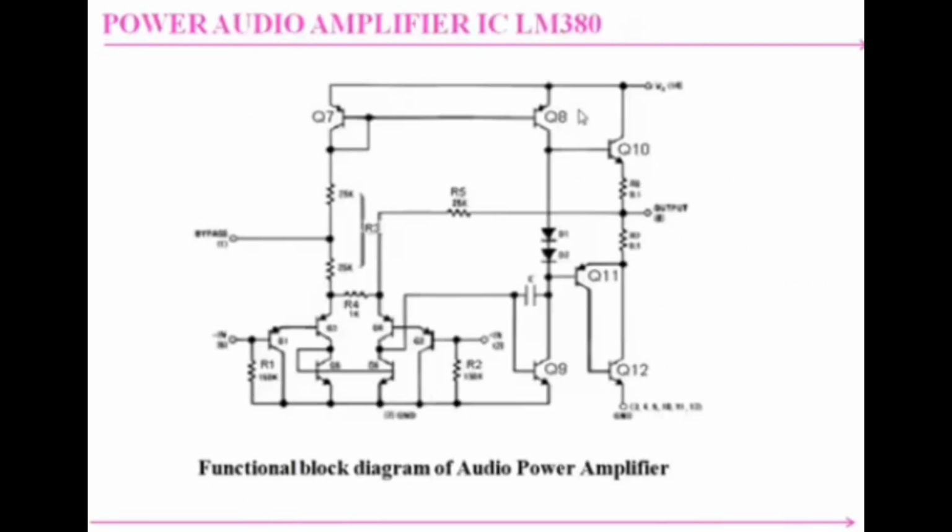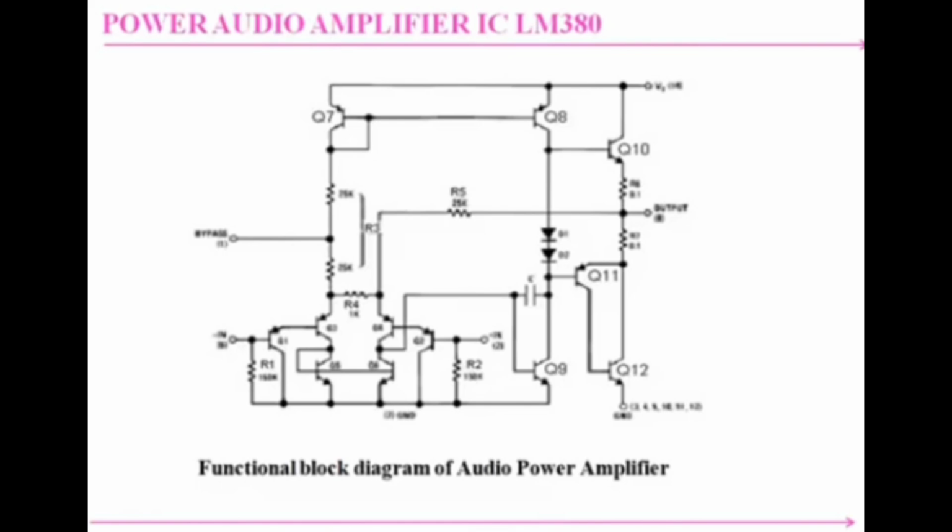So this is a functional block diagram of audio power amplifier, and here this one is a shared current mirror, and this Q1 and Q2 is a PNP emitter follower, and this one is a R4 connection.